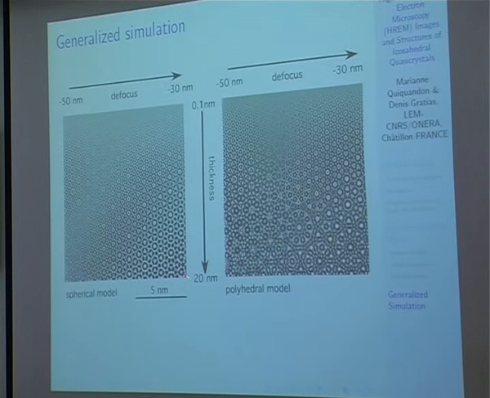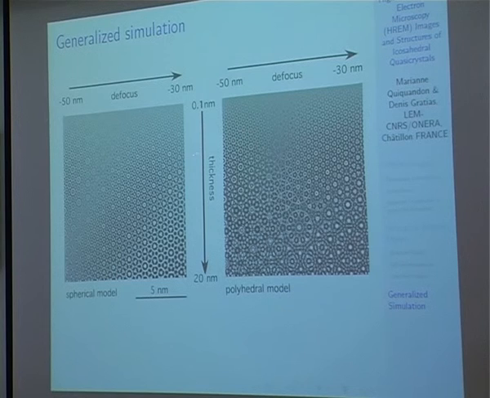We can see that the two simulations are really close for small thickness. Under 10 nanometer, it's really difficult to distinguish the models because the simulations are really close.